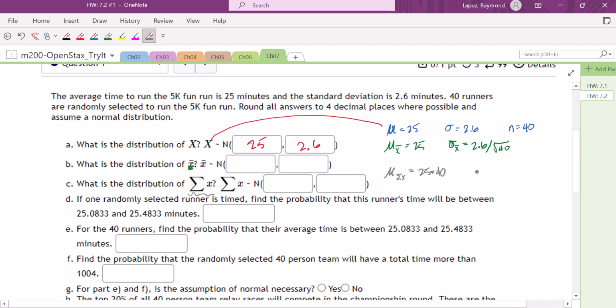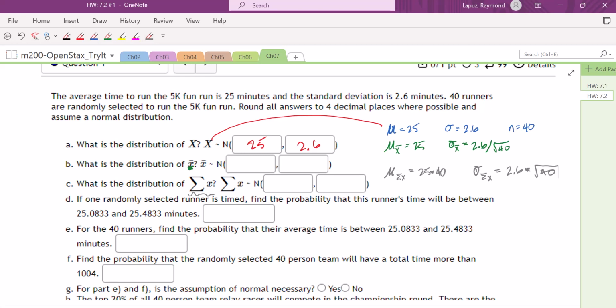And then the sigma, the standard deviation of the sum distribution, is going to be the original standard deviation, 2.6, and then instead of divided by 40, this is multiplied by the square root of 40. Okay, so those are going to be our values.